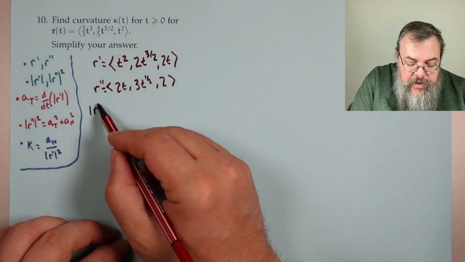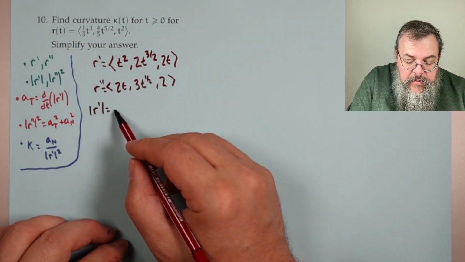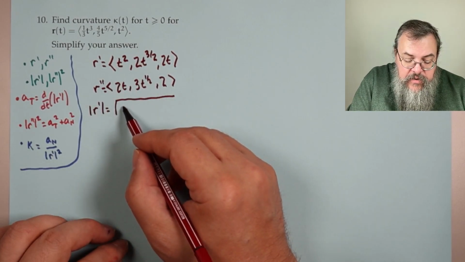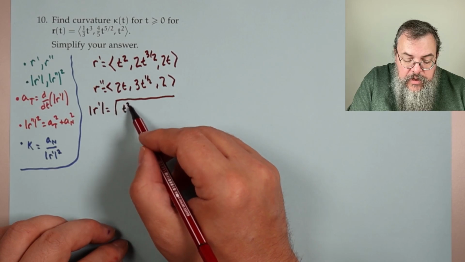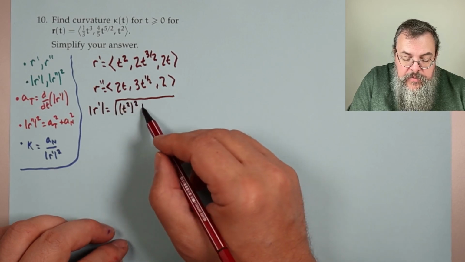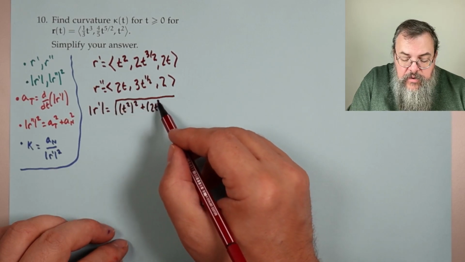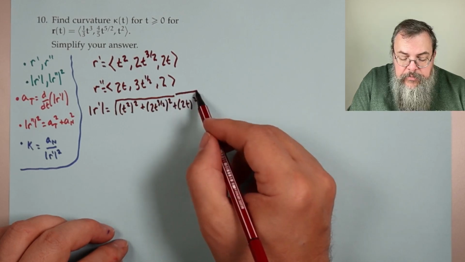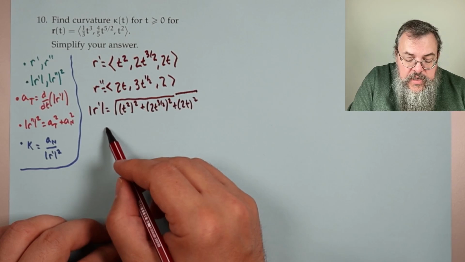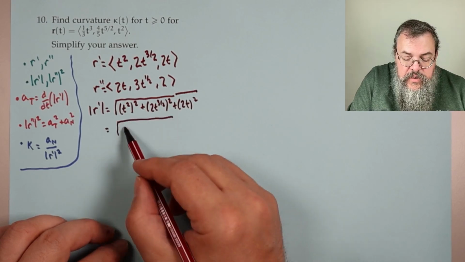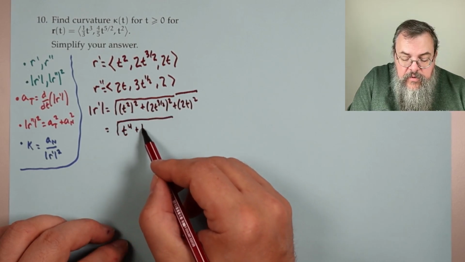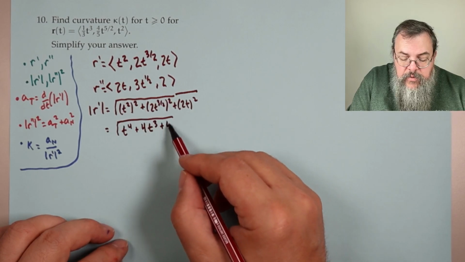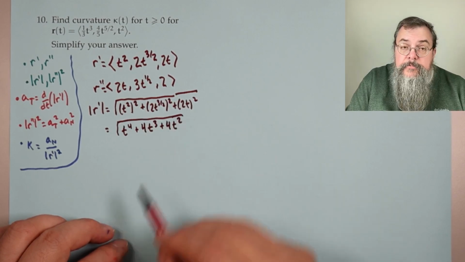Okay, magnitude of r prime. Well, that's going to be the square root of, you square each term. So that'll be t squared squared. T squared squared plus 2t to the 3/2 squared plus 2t squared, which is the square root of t to the 4th plus 4t cubed plus 4t squared.